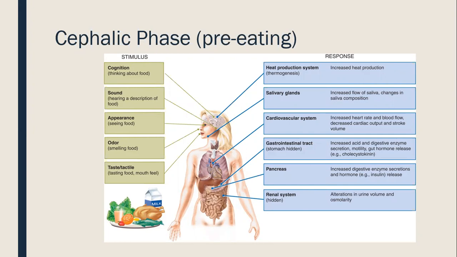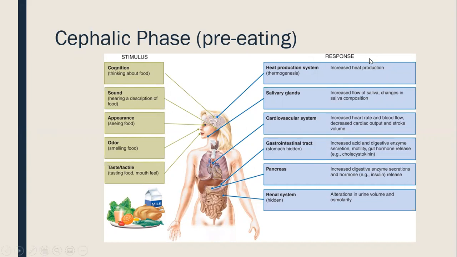Next, we'll take a look at our cephalic phase. Our cephalic phase is the pre-eating phase, whenever we have some sort of stimulus that leads us to think about food, smell food, taste food. In some way, it's causing our body to initialize the phase of expecting food, whether see, smell, taste, hear, whatever the stimulus may be.